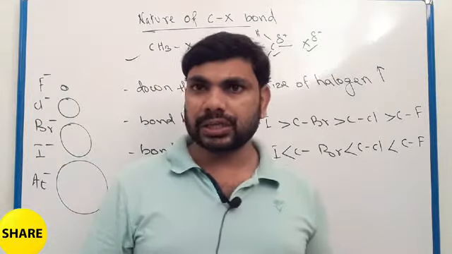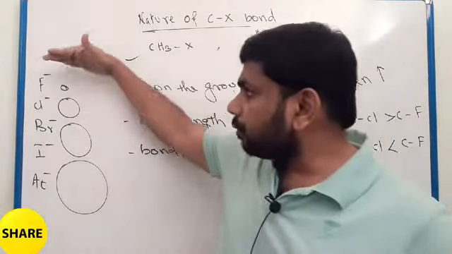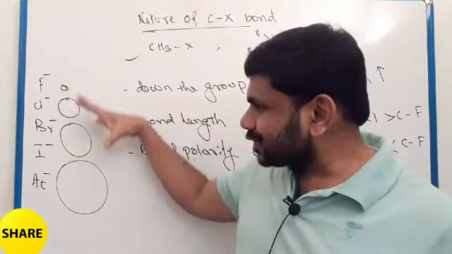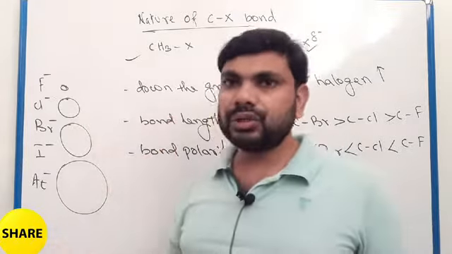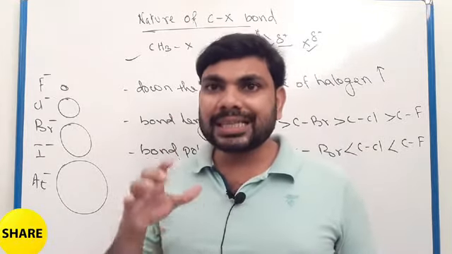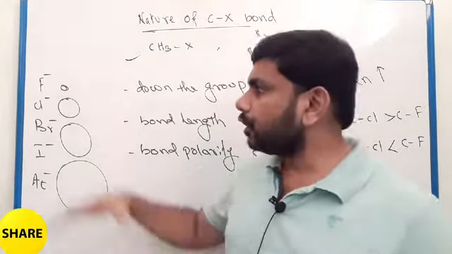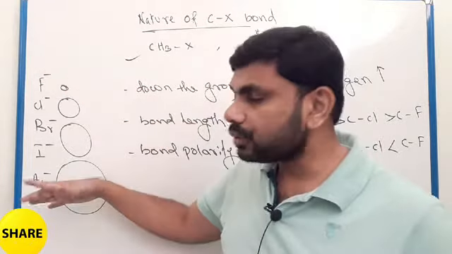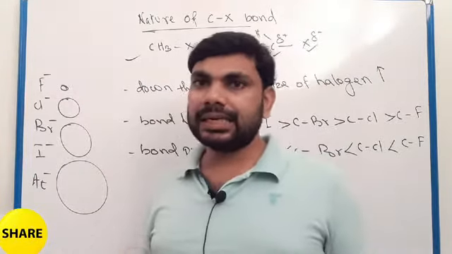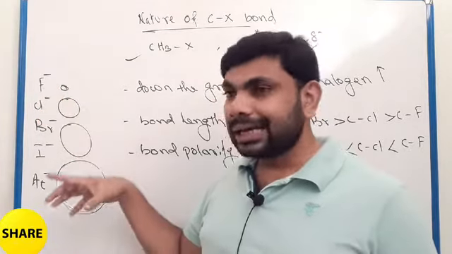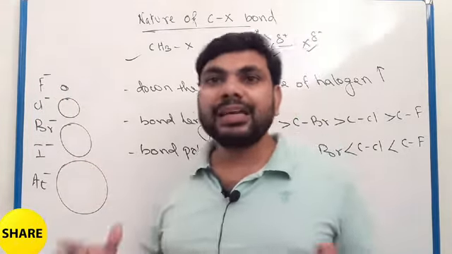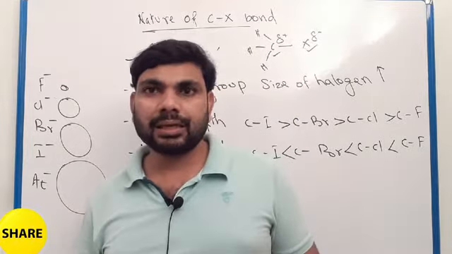So when moving from top to down, the size of the atom increases, but all have a single negative charge, so charge density decreases. Fluorine has the highest charge density, iodine or astatine the least.